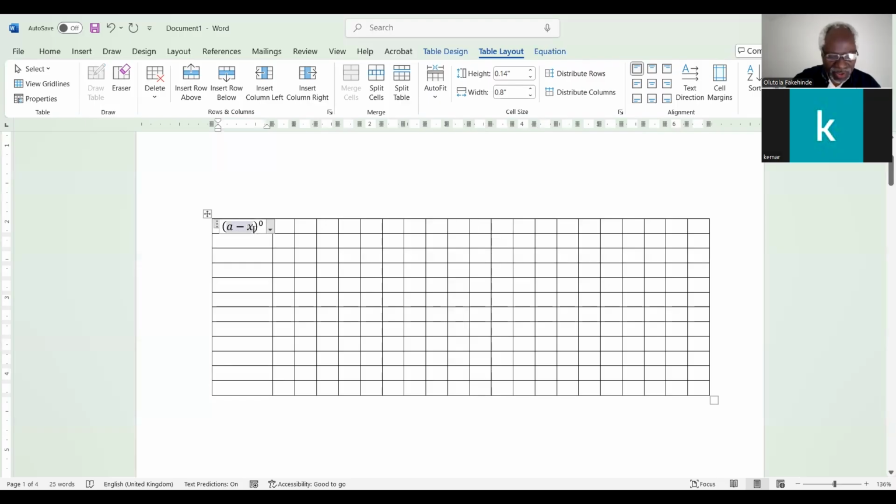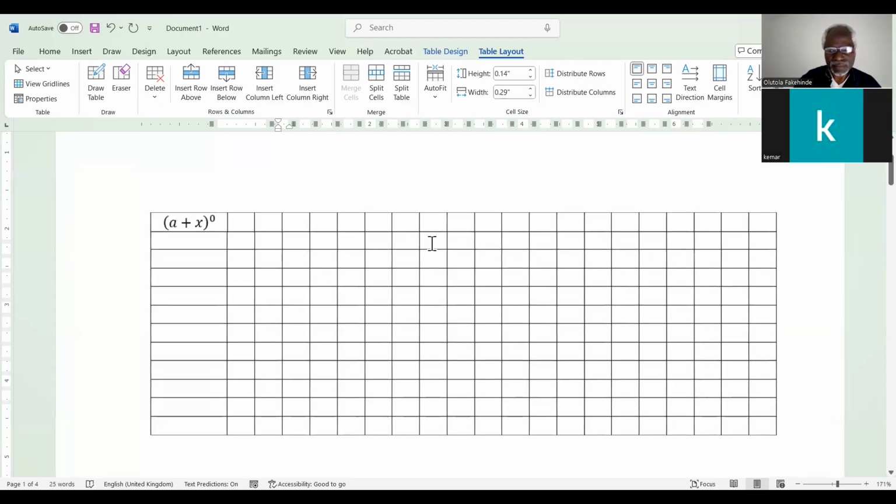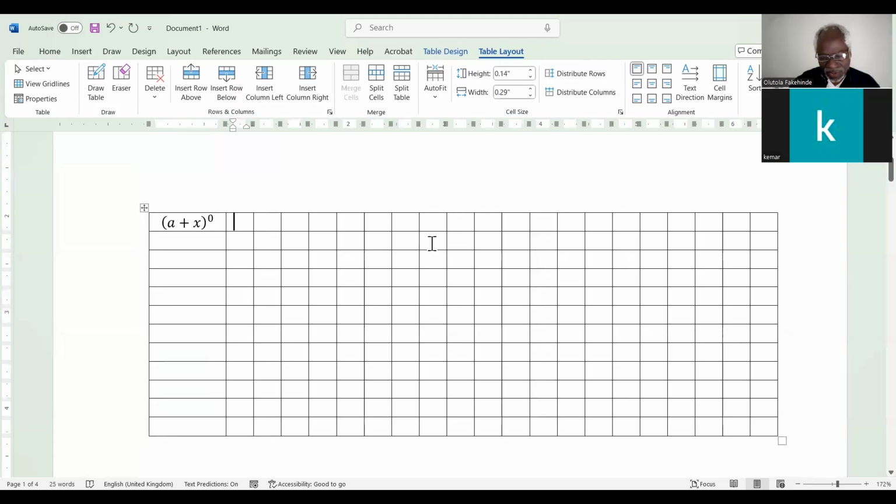We used plus the other time, so let's use plus again. It's an expression. Do you see it? Yes, sir. Right. So what is the solution for this one? If you raise something to the power of 0, it would be equal to 1. Good. Thank you.